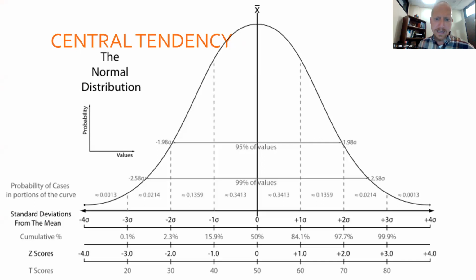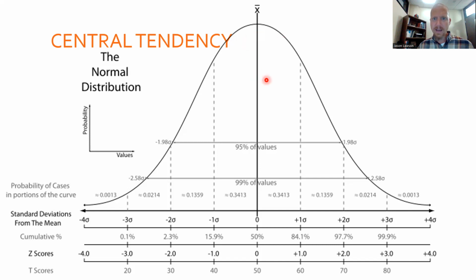Oh, central tendency, how I love you. I know it can be intimidating, but this really helps us understand how our patient is performing in relation to that normal distribution, or in relation to that normative sample. When all of the data is taken for that normative sample, it forms this beautiful bell curve.